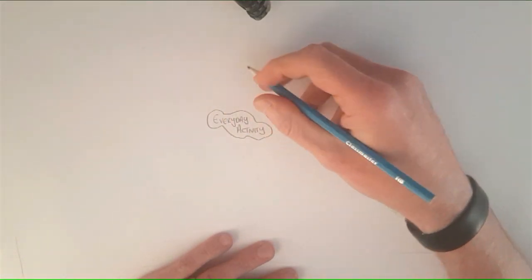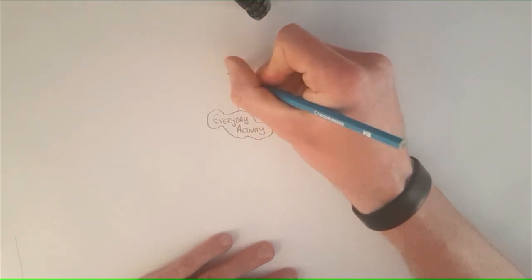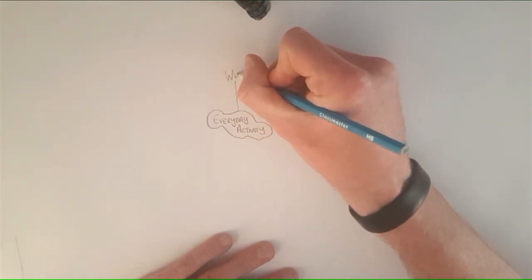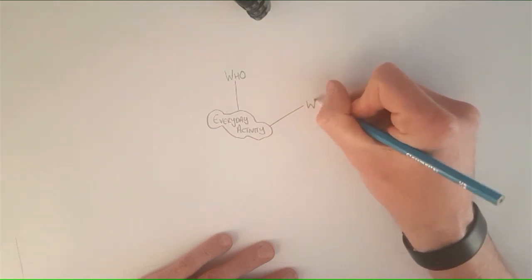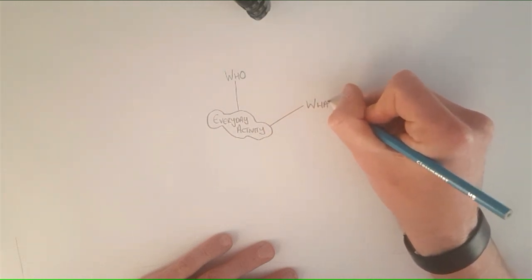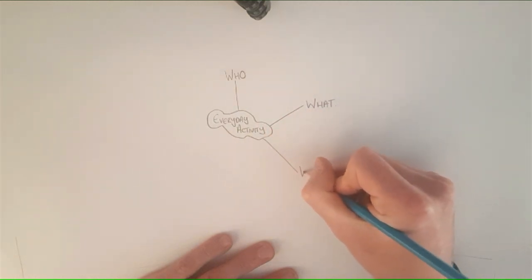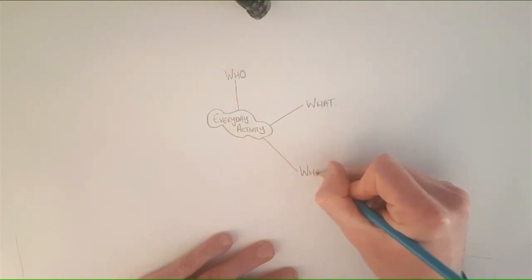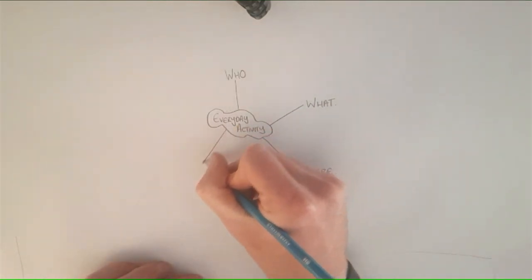From this, you have your 5 W's. So your who. You have the what. You have the where. The when.